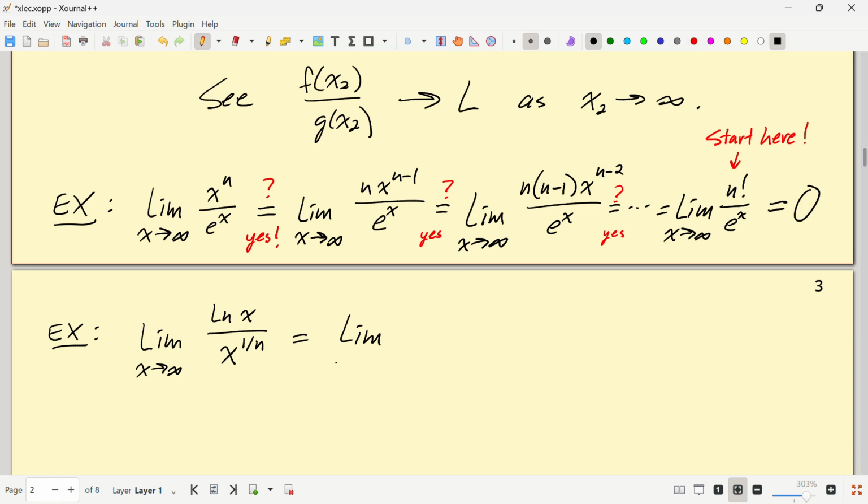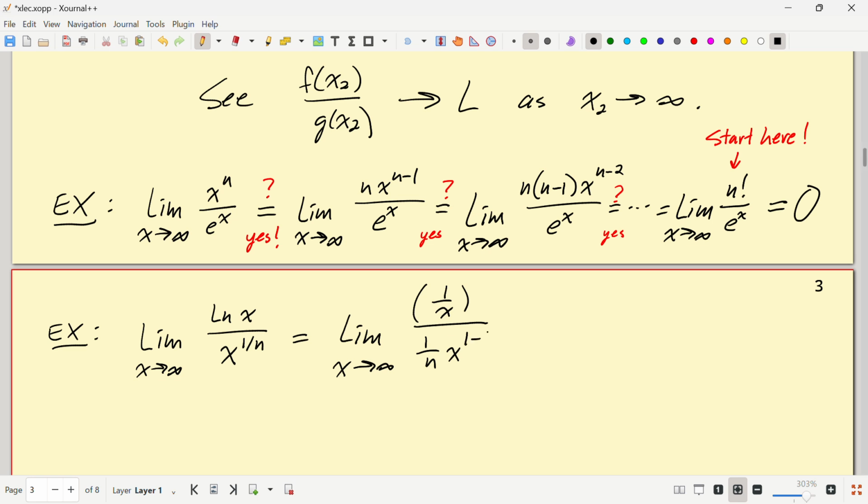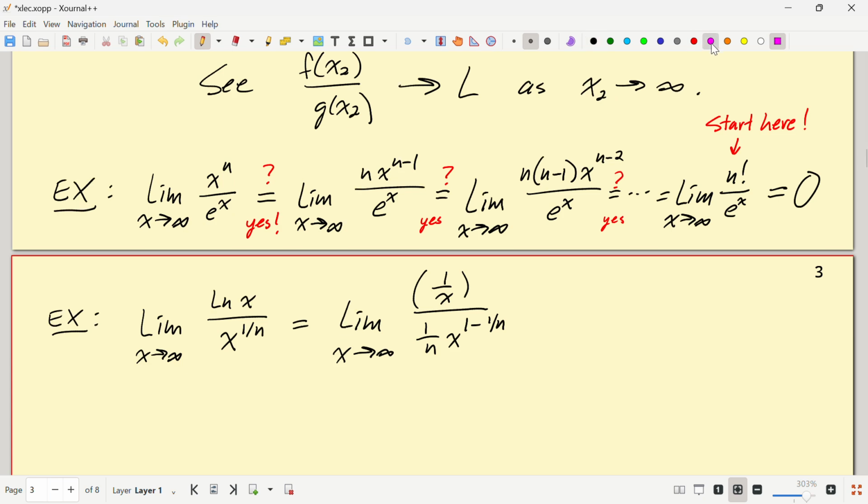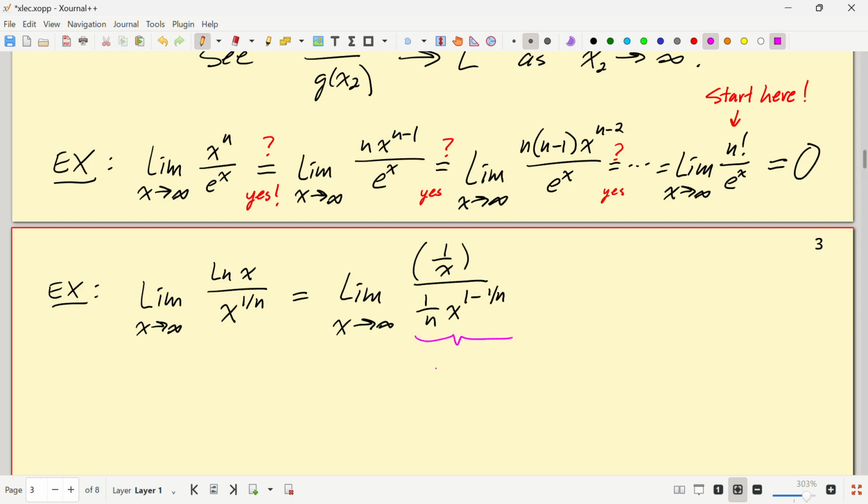Okay, let's see, this one, the derivative of log x is 1 over x. I think I showed you that at some point. Inverse function theorem. Derivative of x to the 1 over n is 1 over n times x to the 1 over n minus 1. And that's already easy to see is 0. We'd get an n on the top.